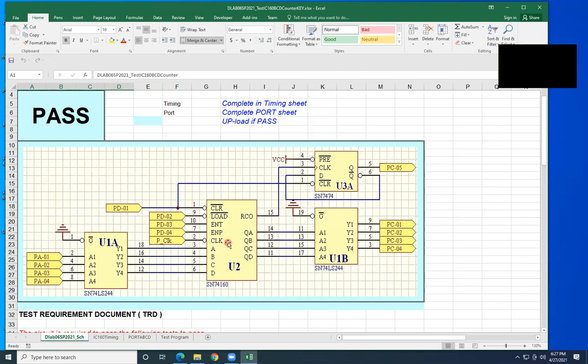Now this IC will be counting 0 to 9, then 0. That's the only thing we can do. So the first thing when you want to count, you make sure the output here has to be 0, right?